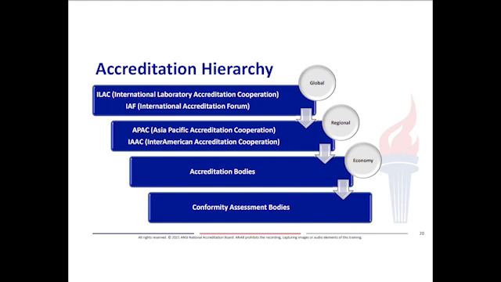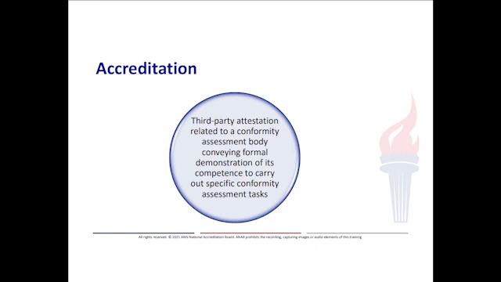There's also the EA, the European Accreditation. Then you get down to the accreditation bodies. These are the ANABs, the A2LAs, the PJLAs, the IAS, the DAkkS in Germany, the CNAS in China, who do accreditations of conformity assessment bodies. And conformity assessment bodies are the laboratories, the inspection bodies, the proficiency testing providers, the reference material producers, those types of things.